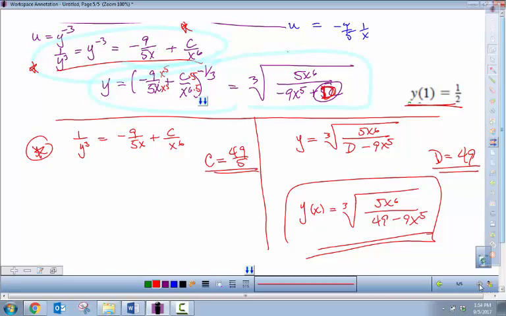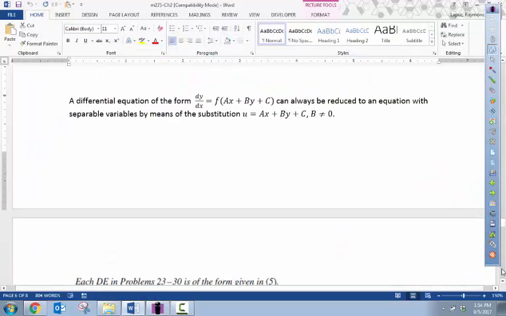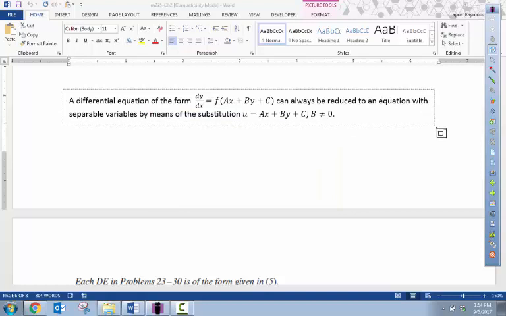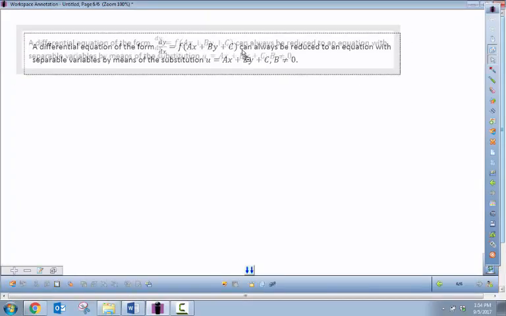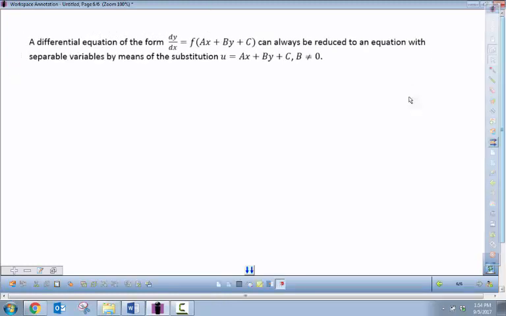So this is the rest of our initial value problem to find a specific solution or particular solution. There's one more substitution that I think is kind of a weird substitution, but this one doesn't take a special name like the homogeneous equations or the Bernoulli equation.